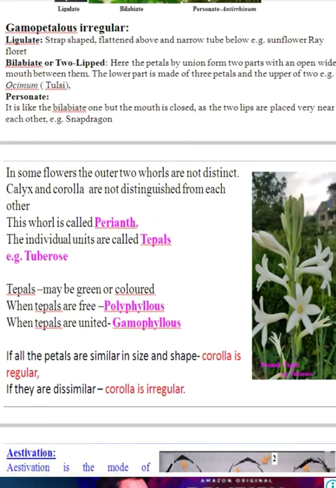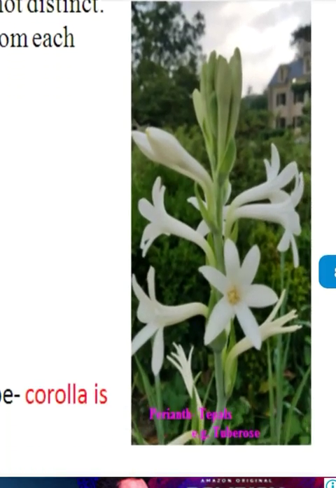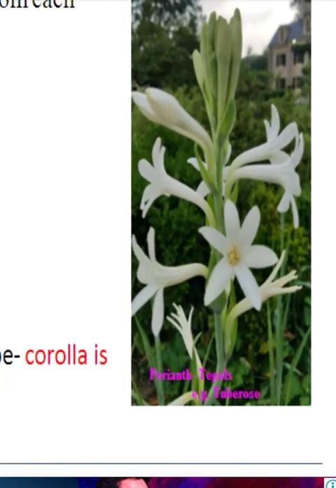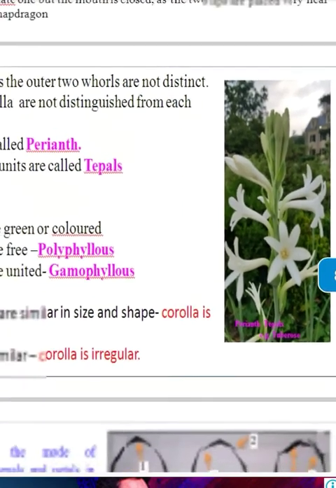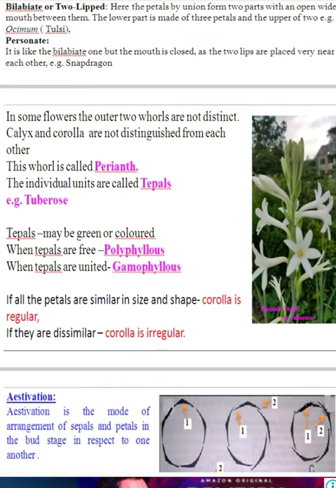Then in some flowers, the outer whorls, that is the calyx and the corolla, are not distinct. At that time that whorl is called perianth. The individual units are called tepals. Example, tuberose. Here calyx and corolla are not differentiated, and so the perianth is present.